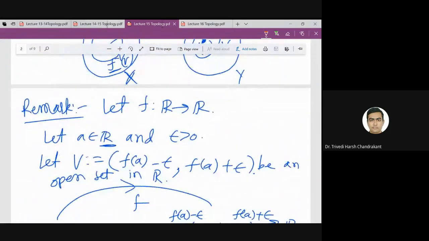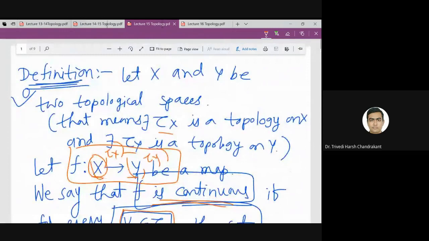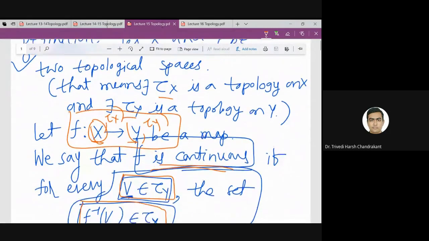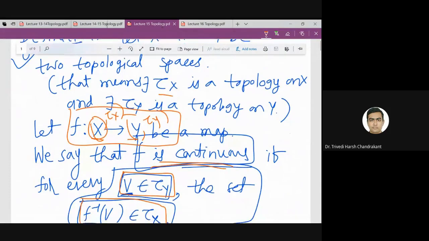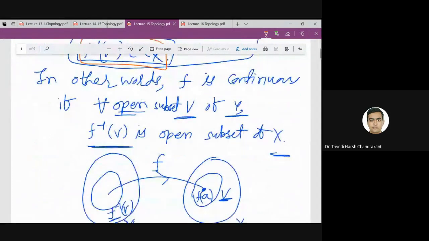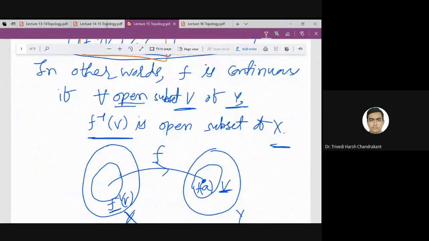And you must have come across this definition because it is discussed in Rudin's book as well as other books where metric spaces are discussed. In particular, for Rn also we use the same definition. A function from R2 to R2 is continuous. So there also we come across this notion.